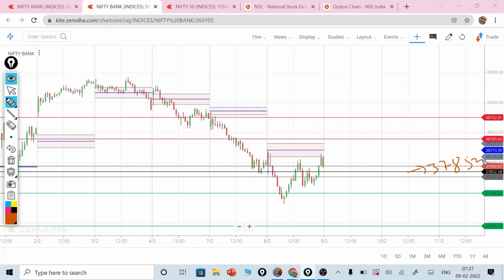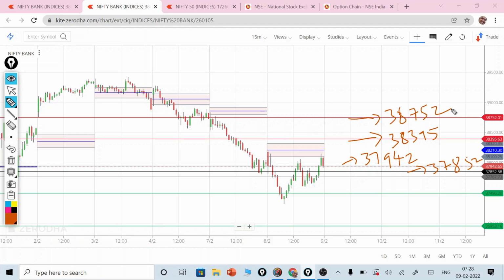If the market opens higher above 37,942, it can sustain for a longer time. We have a first resistance at 38,395. If it sustains above 38,395, then we'll have a second resistance at around 38,752.